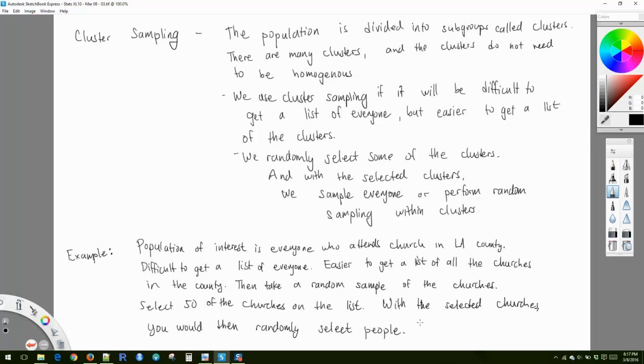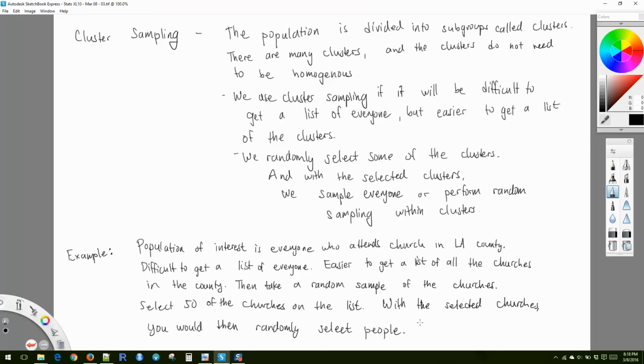So it's very different from stratified sampling. With stratified sampling, you have different subgroups, but you want to make sure every subgroup is represented. With cluster sampling, you've got a bunch of different subgroups, and you're not going to try to get all of them represented. You're just going to take a random selection of the clusters, and then you perform sampling within those clusters.